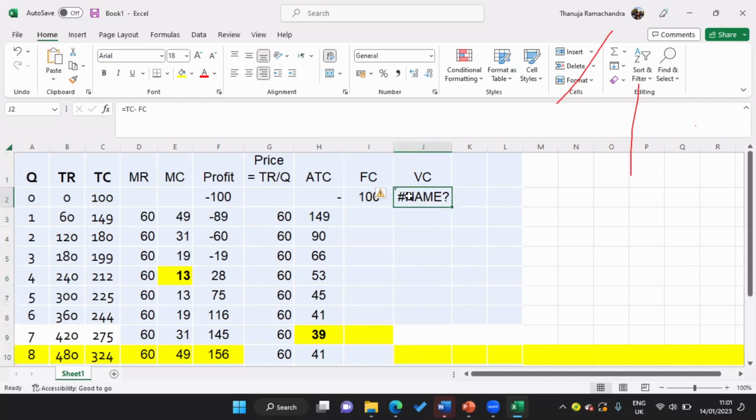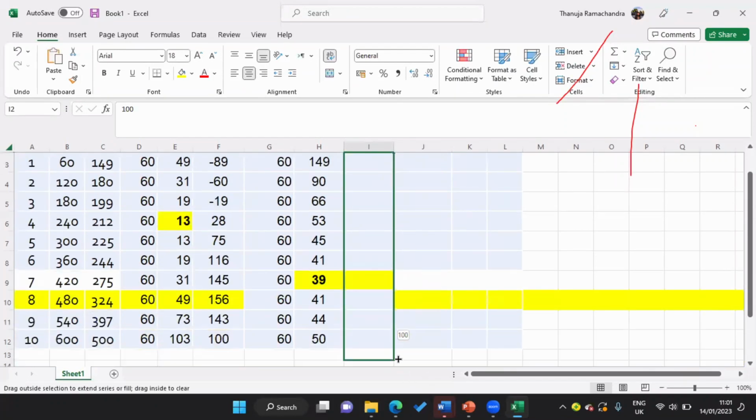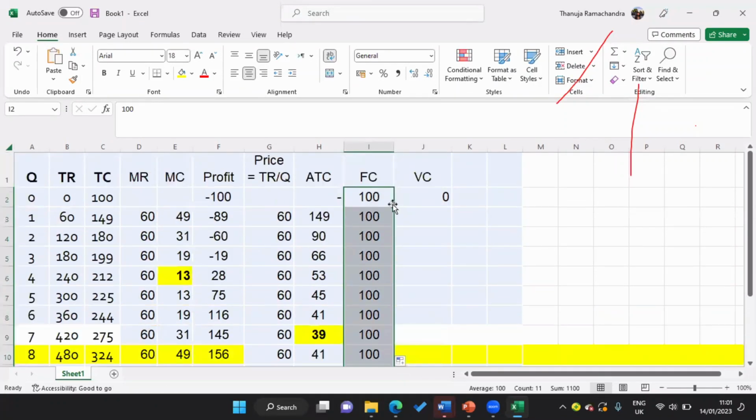So we calculate variable cost as total cost minus fixed cost. The fixed cost is fixed throughout.